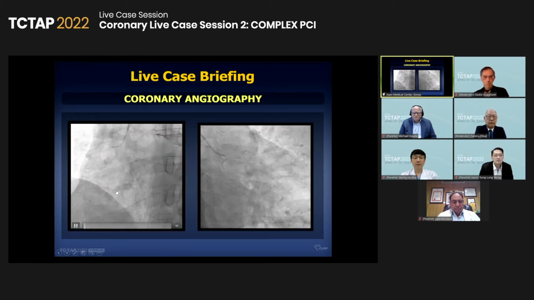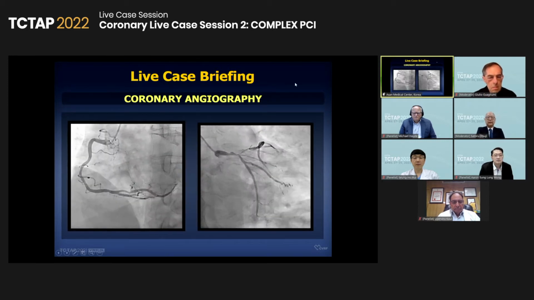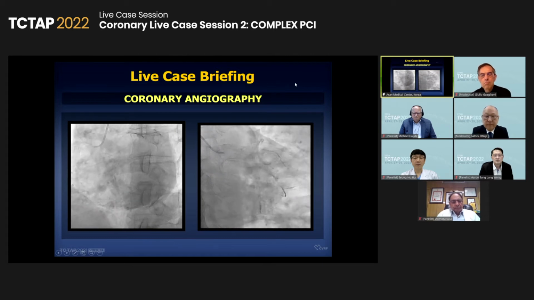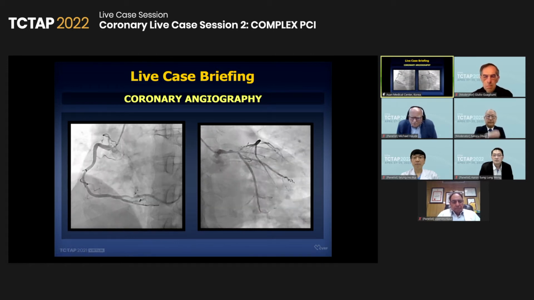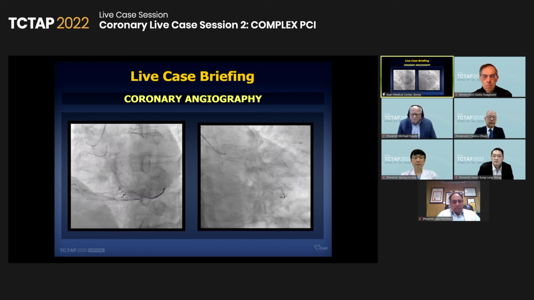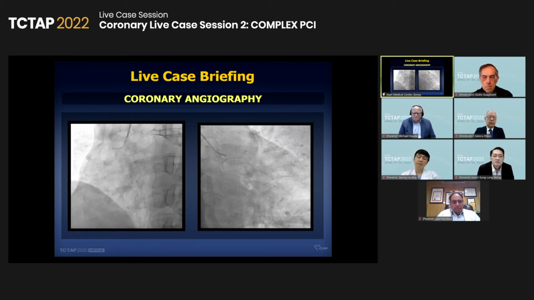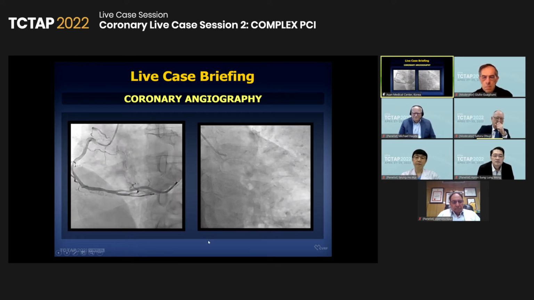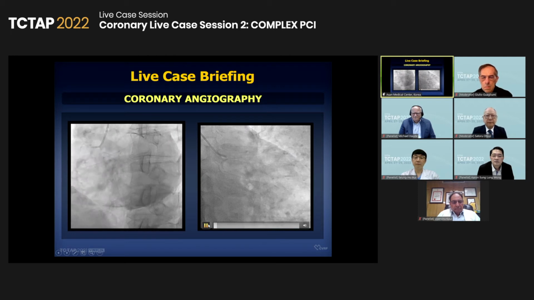And this is the baseline coronary angiography of this patient. In the right coronary angiogram, there's a nearly normal coronary, but some collateral flow from RCA to the septal branch was observed.